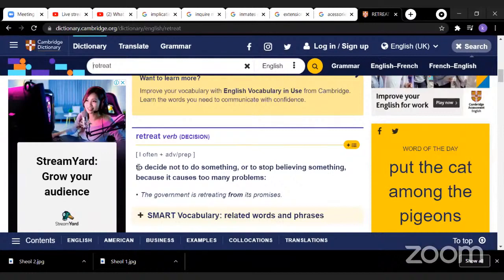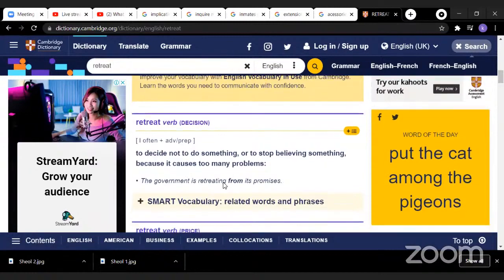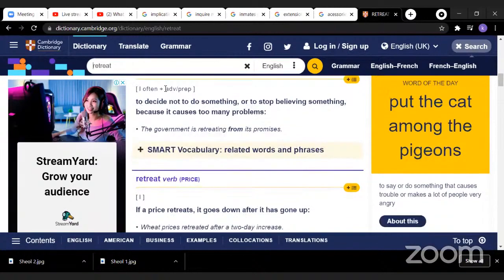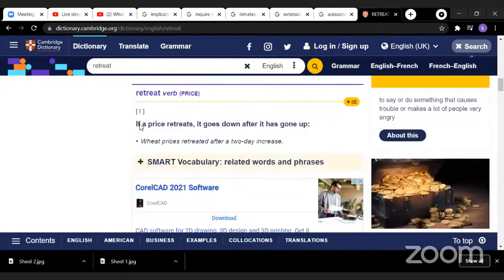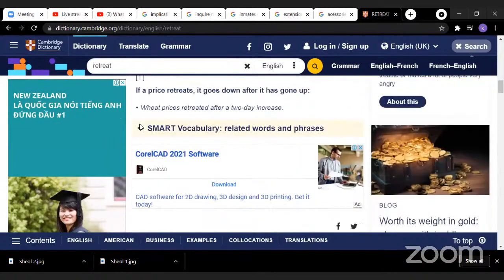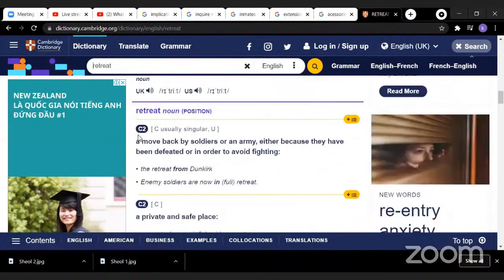Right. But so the next definition, to decide not to do something or to stop believing something because it causes too many problems. That's retreat as a verb. Okay, retreat as it has to do with price. If a price retreats, it goes down after it has gone up. Excuse me. So this is the military one.